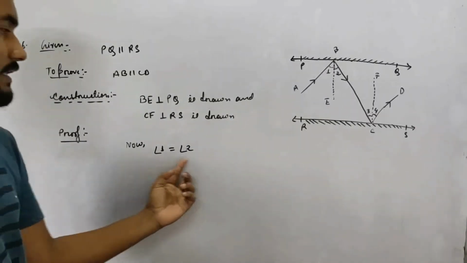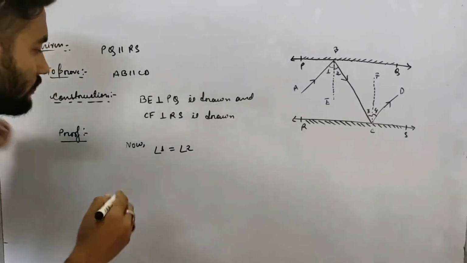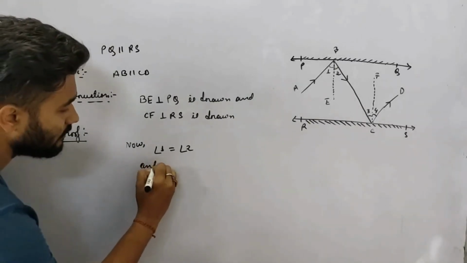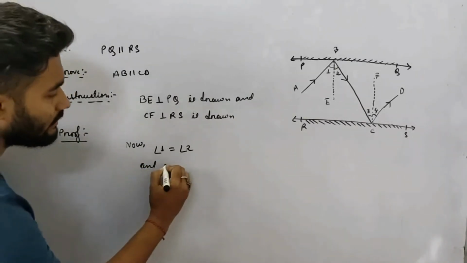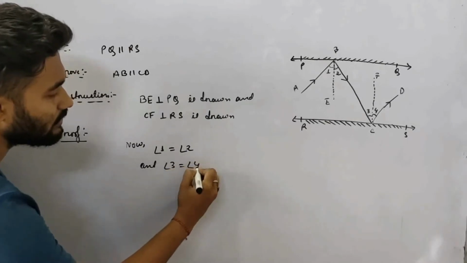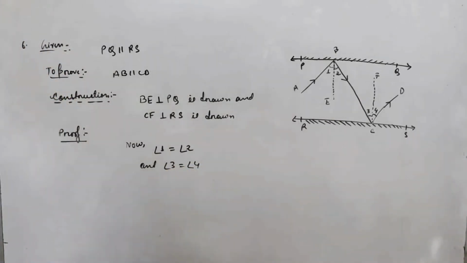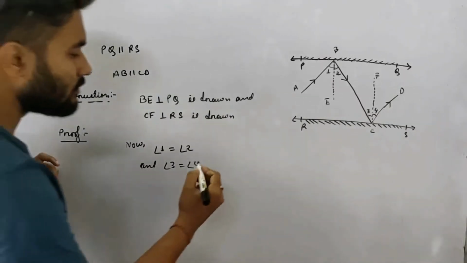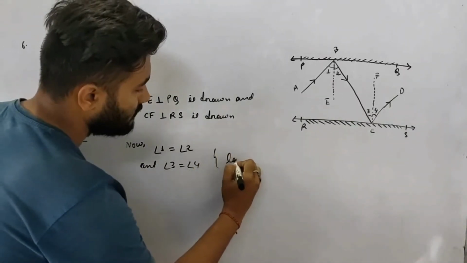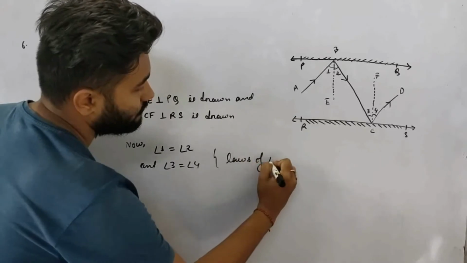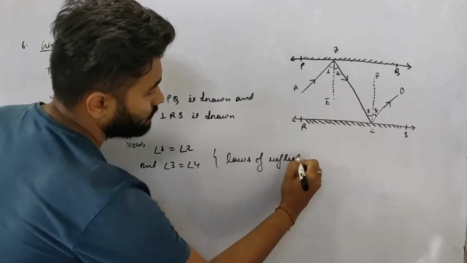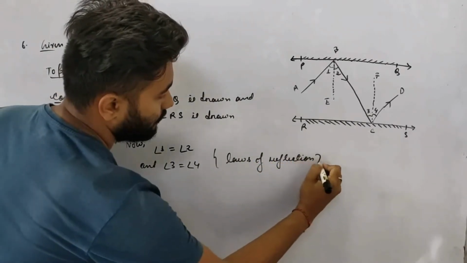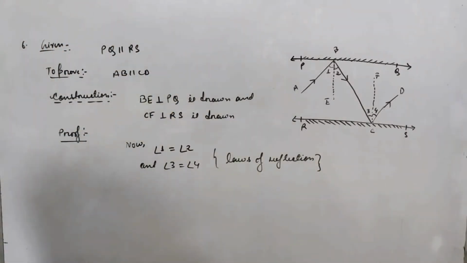This is angle of incidence, this is angle of reflection, and angle 3 will be equal to angle 4. Understood? Reason, what you will say? This is laws of reflection.